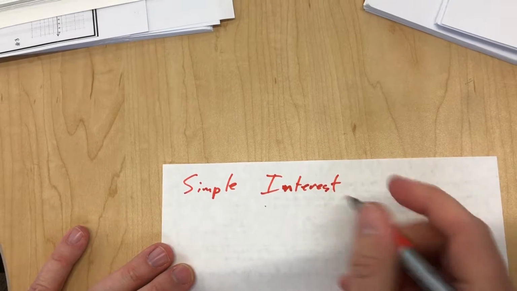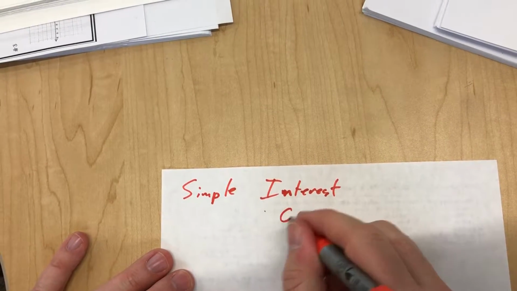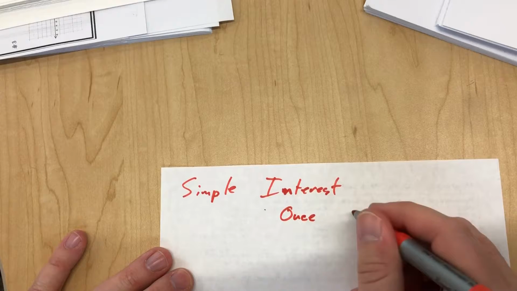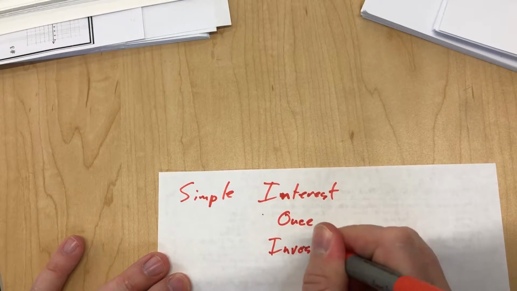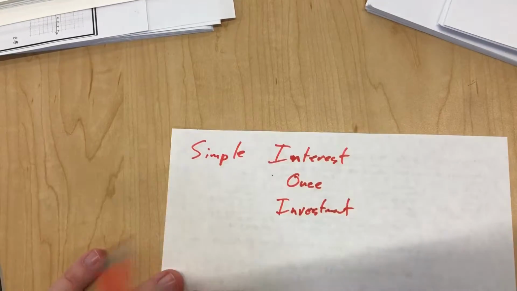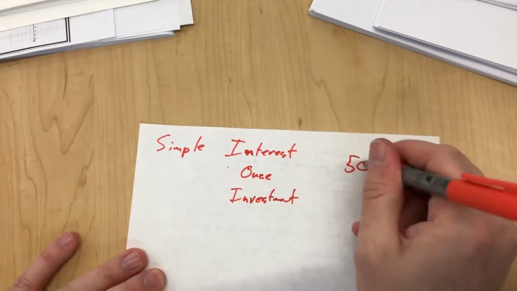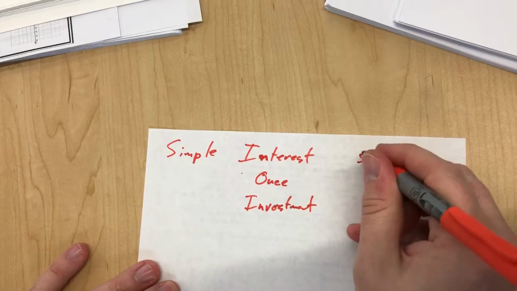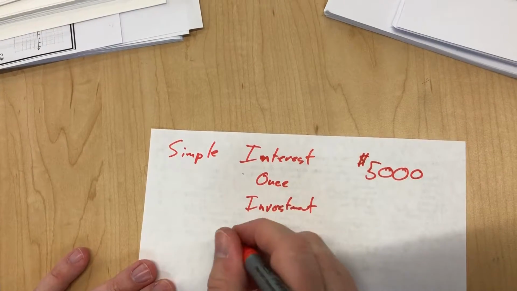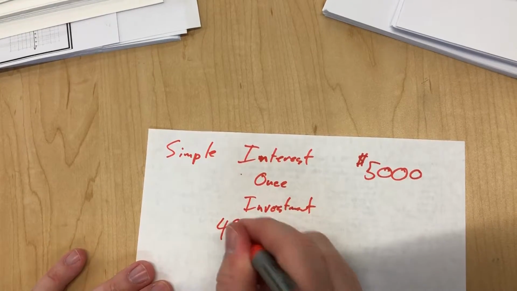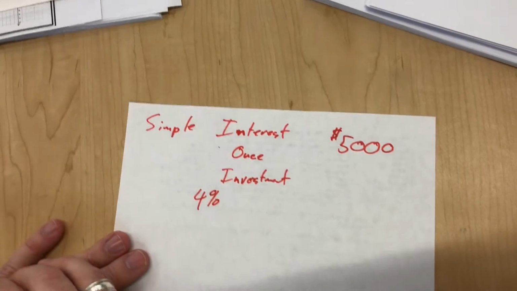If you have simple interest, it's calculated once off your original investment amount, okay? So let's say on every one of these, I'm gonna be depositing $5,000. If I'm doing simple interest and it tells me that I'm going to get 4% simple interest, this is the one that we haven't done.